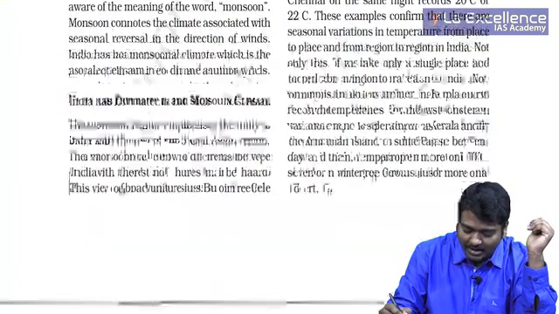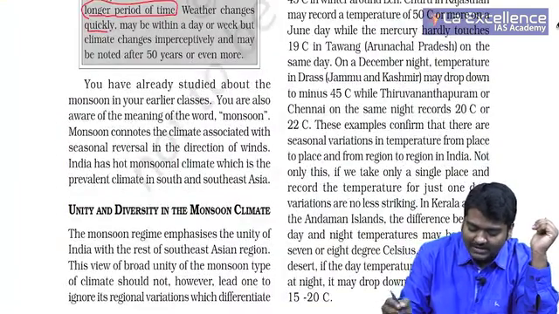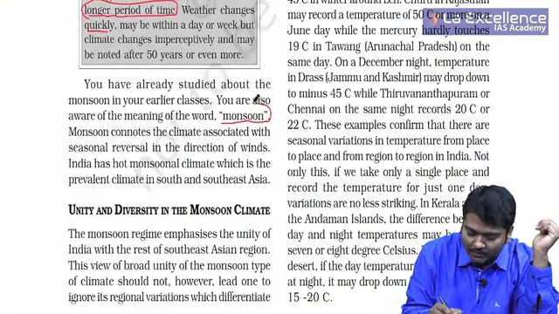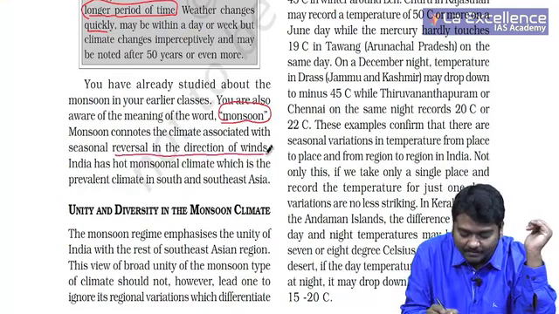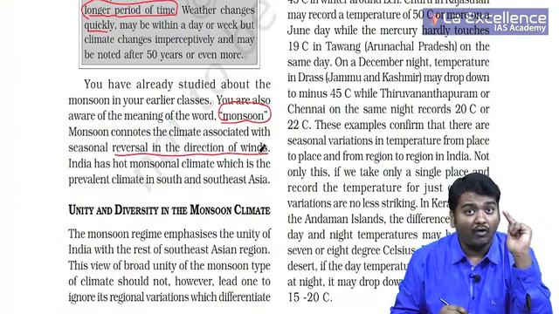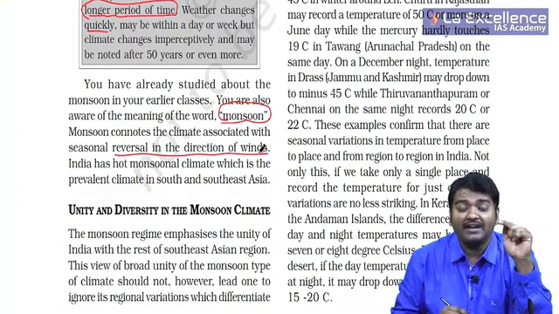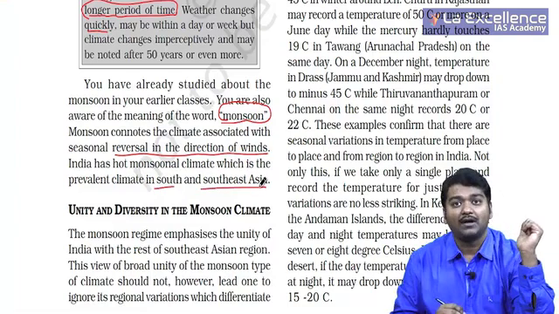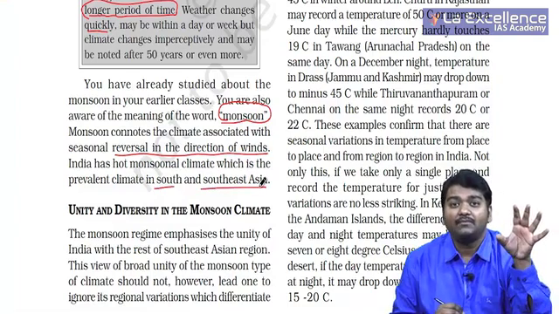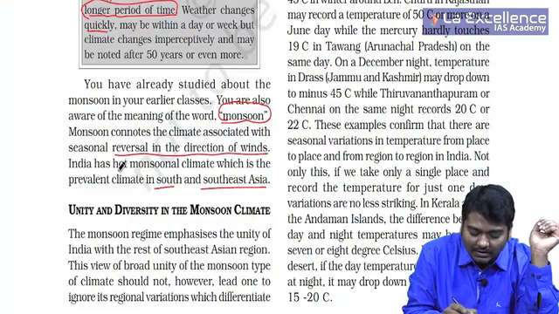And you should be aware about India being considered as monsoon, mausam, which means reversal of winds, correct? And then I have already told you India and ASEAN countries, that is South and Southeast Asia, actually have the same type of monsoonal climate.